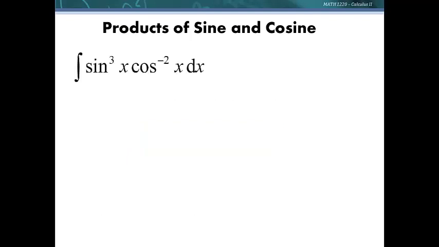If one of the trig functions is raised to an odd power, we are going to break off one of those odd powers. So I'm going to express this one as sine squared x cosine to the negative 2x, the sine that I'm splitting off, dx. I'm then going to use the same strategy that I did for odd powers when I didn't have the product, and I'm going to express this one using the Pythagorean identity.